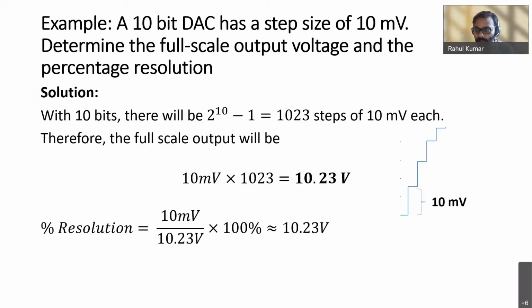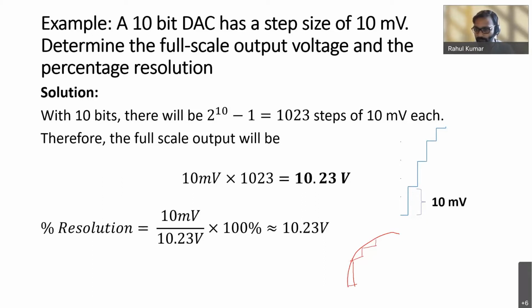Now here is a numerical. I'll quickly go through it. A 10-bit DAC has a step size of 10 millivolts. So basically, if we have an analog signal, we divide it into smaller steps like that.